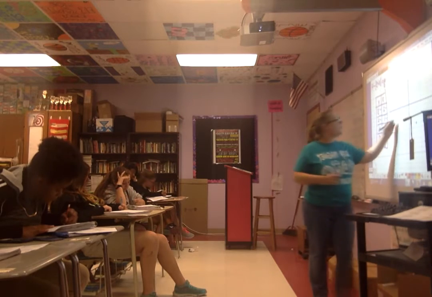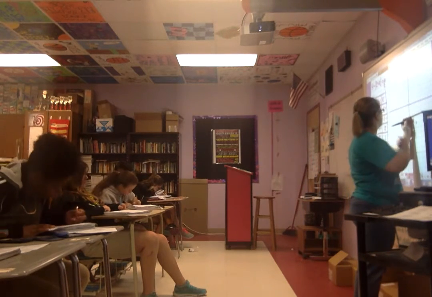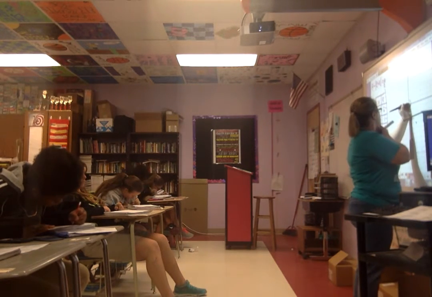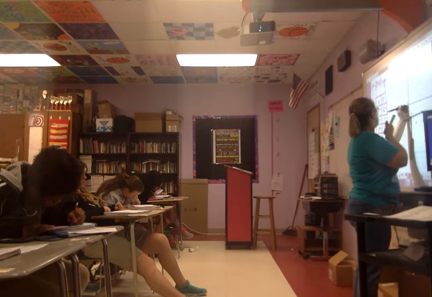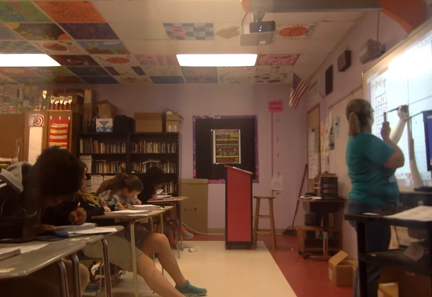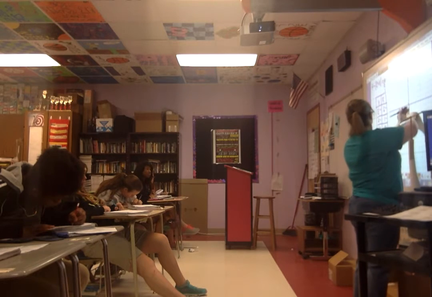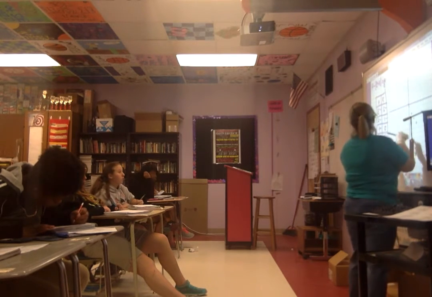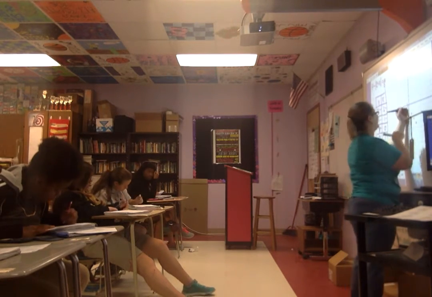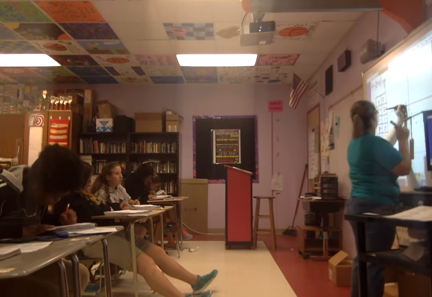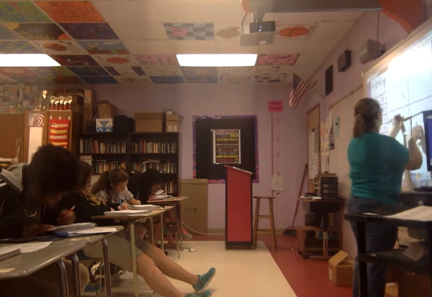Let me graph this real quick. So we have negative 2, negative 3; negative 1, negative 2; 0, negative 1; 1, 0; and 2, 1. I don't have enough numbers.